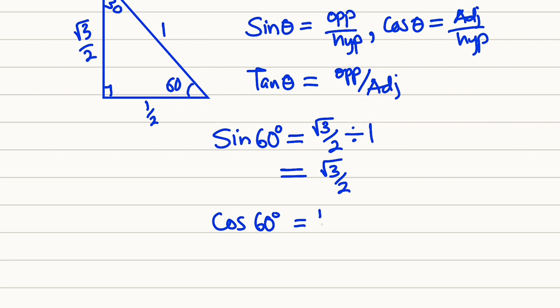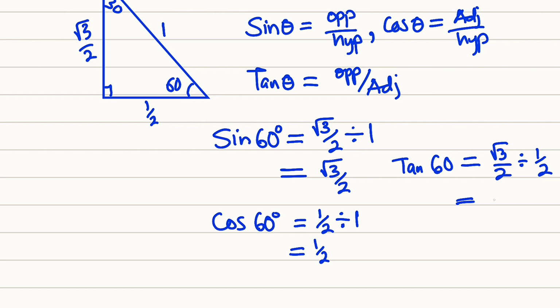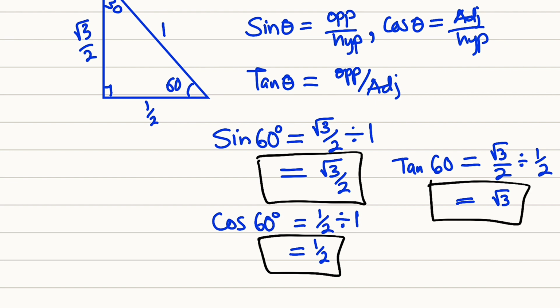We have the adjacent of 60 degrees as 1 over 2 divided by the hypotenuse, which is 1. This is the same thing as 1 over 2. And lastly, tangent of 60 degrees is equal to the opposite, which is root 3 divided by 2, divided by the adjacent, which is 1 over 2. And this is equal to just root 3. So now you can see that we have our three ratios.